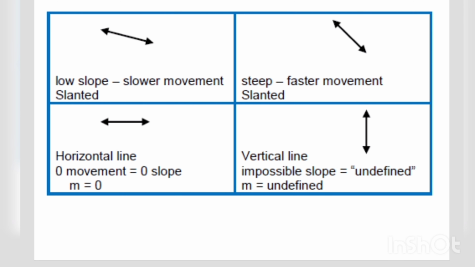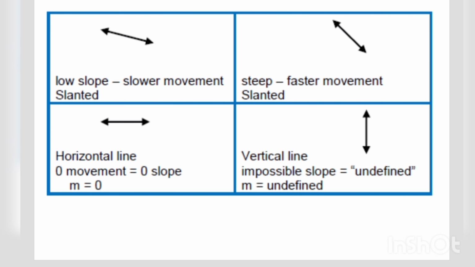Now, as far as a horizontal line is concerned, I've already given you the intuition behind why this is so. So once again, just remember that you need to imagine yourself cycling, and when you're cycling on a straight road, that is, you're not going up the hill or you're not going down the hill, then as far as the concept of slope is concerned, which is obviously relating to the inclination or the steepness of a line, there is no steepness involved when you're going straight.